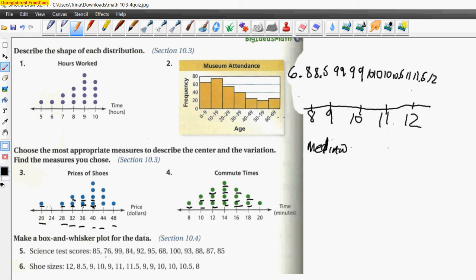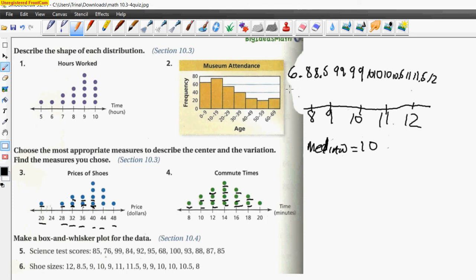Forgive my writing, I'm writing so fast. How is that? Okay. Great. 1, 2, 3, 4, 5, 6, 7. Okay. So 10 is our median. That's the middle ground. So we already know our median is 10.